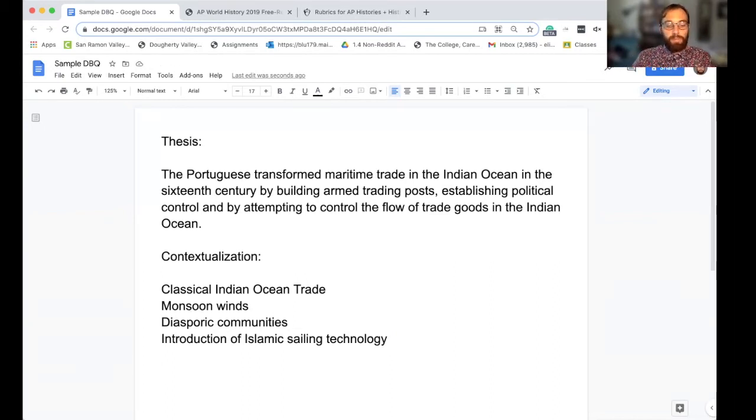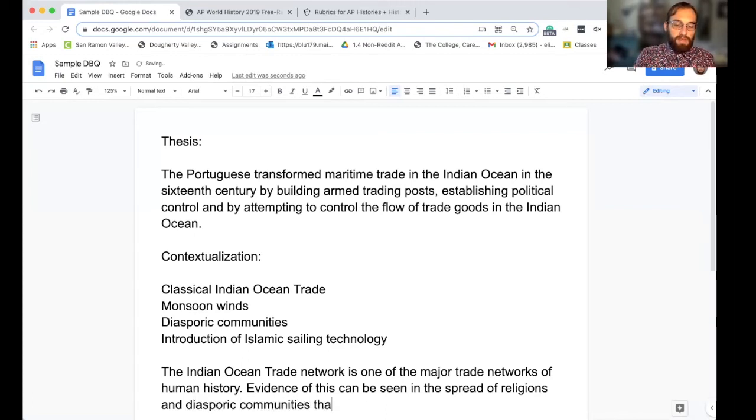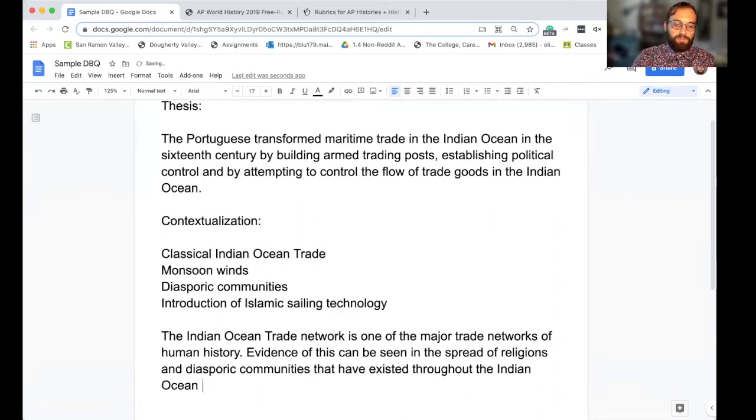For example, the Indian Ocean Trade Network is one of the major trade networks of human history. Evidence of this can be seen in the spread of religions and diasporic communities that have existed throughout the Indian Ocean trade network for centuries.